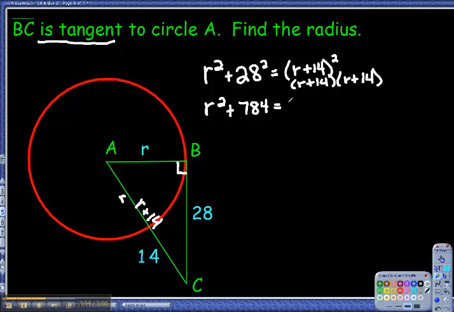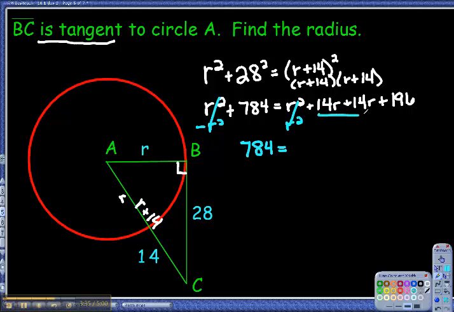Well, R times R is going to give us the R squared. R times 14 will be a 14R, another 14R, and plus 196. Alright, notice that we've got a quadratic equation. We've got R squareds here. But if I subtract an R squared from both sides, they're all canceling out. So the nice thing is, it starts off looking like a quadratic equation, but as we're solving it does become linear. So we have 784 is equal to, when we combine these two together, our 28R plus 196.